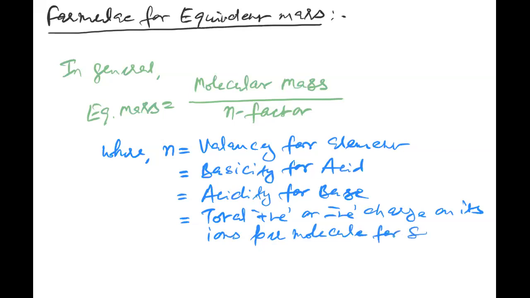Basicity of an acid is the number of replaceable H plus ions. Acidity is the number of OH minus ions which are replaceable from a base. And for a salt, it is the total positive or negative charge on its ions per molecule.